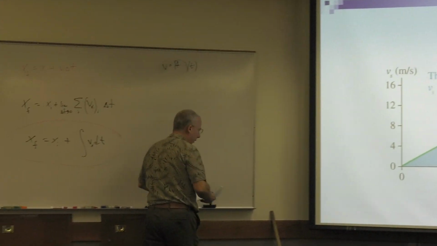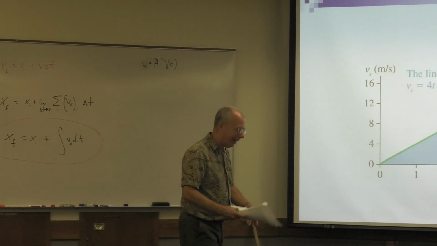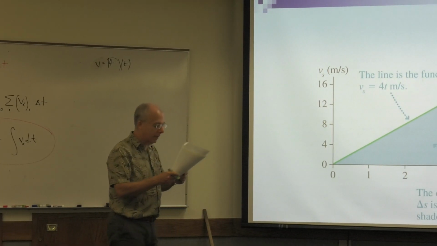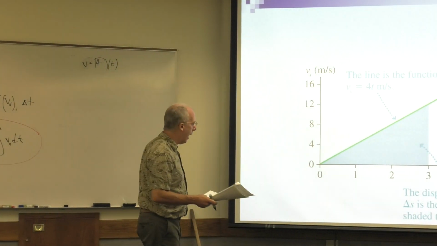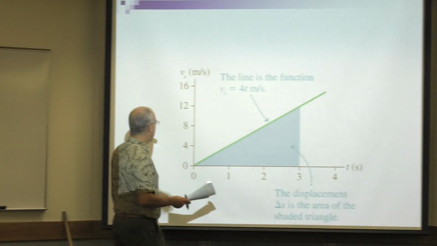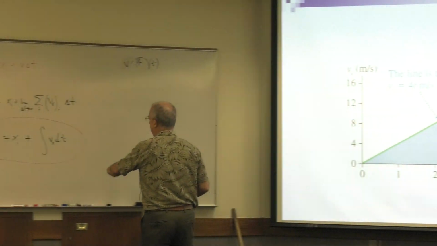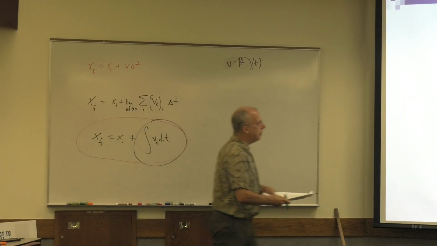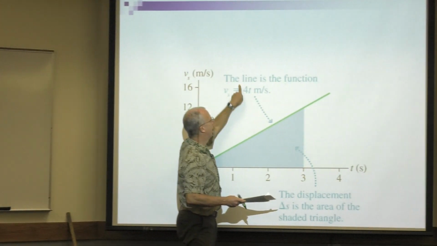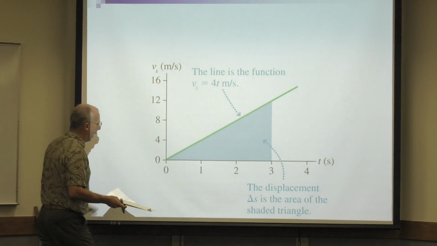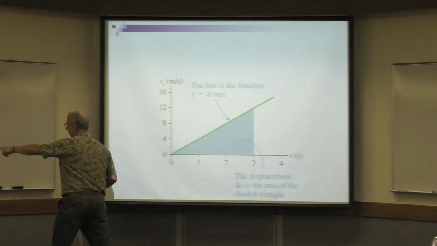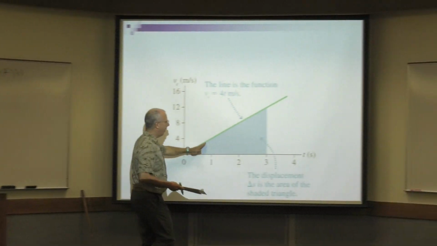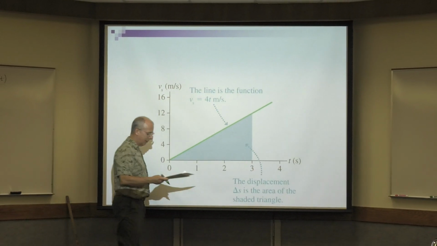Okay, if we were in class, I'm sorry to keep saying that, I would have the first half of the class calculate this by actually integrating. I'd have the second half of the class calculate this by just calculating the area under the curve.